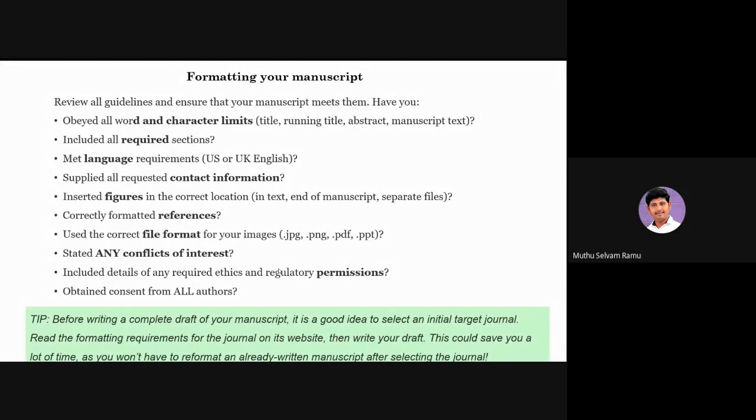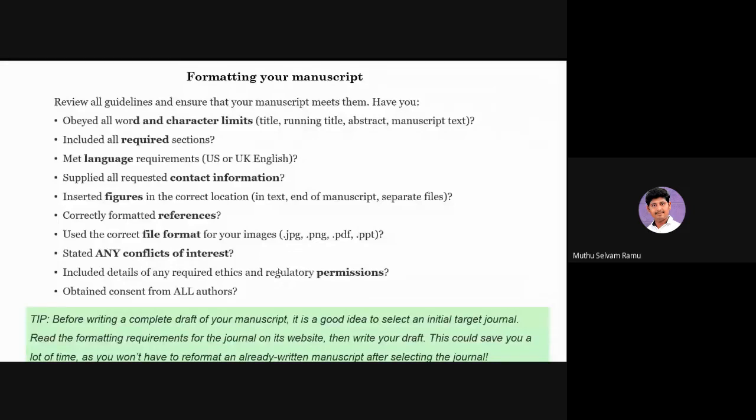Or if it is not directly suitable for reproductive biology, that particular experiment may be suitable for some dairy kind of journal, which you can prefer.